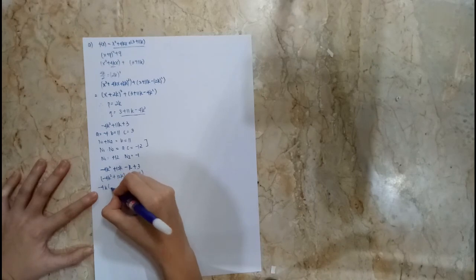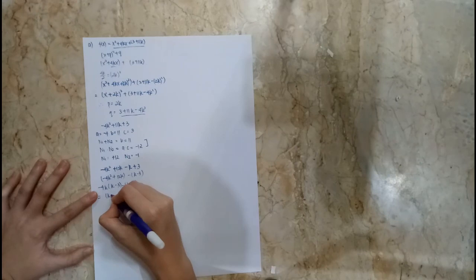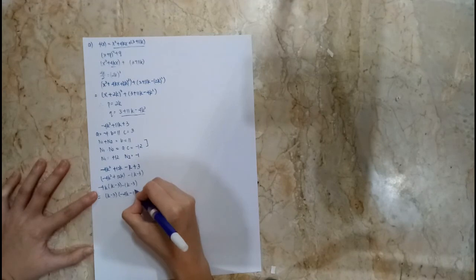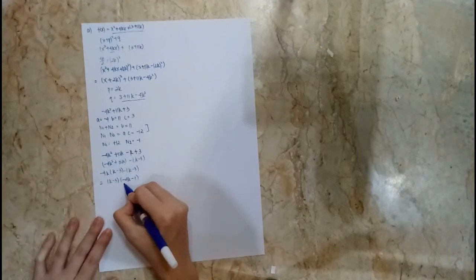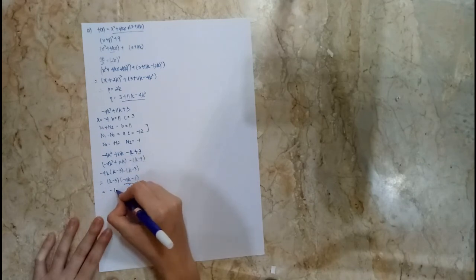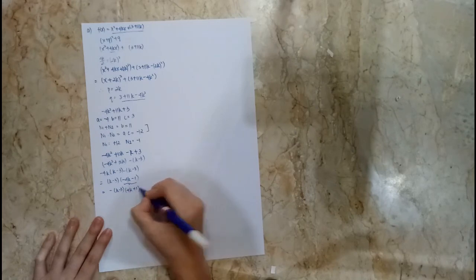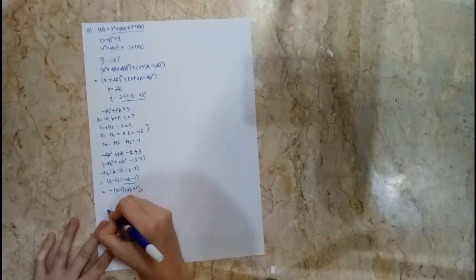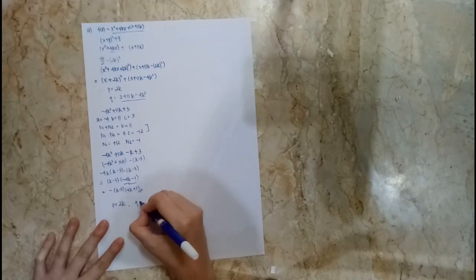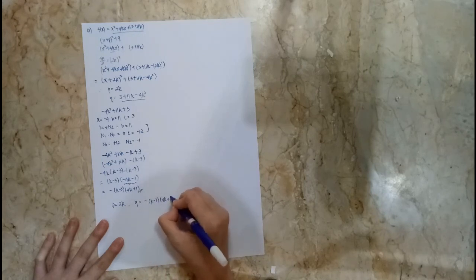Simplify the first group by taking out -4k, and this will equal (k minus 3) multiplied by (-4k minus 1). Now here you can actually simplify this by taking out the negative sign. So (k minus 3) multiplied by (4k plus 1). So the final answer will be p is equal to 2k and q is equal to -(k minus 3)(4k plus 1).